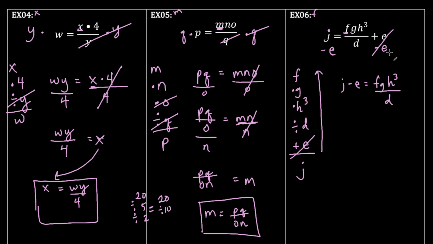So we got rid of that plus E. And instead of divide by D, we're going to multiply by D. Remember that we can't just leave it like that because it looks like just D times J. We want J minus E multiplied by D. So D times J minus E equals F G H to the third.